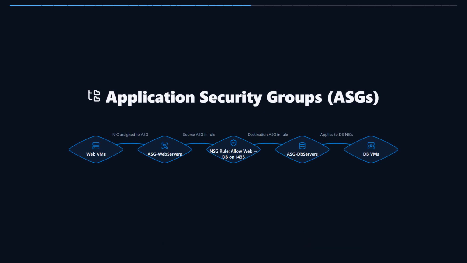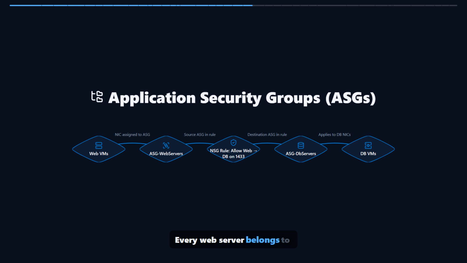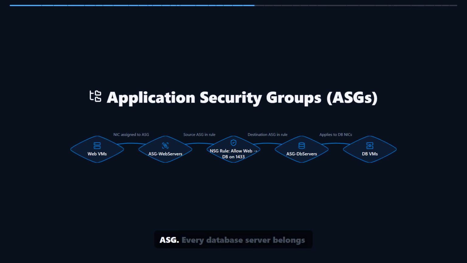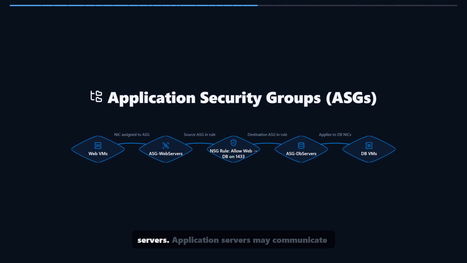Instead of creating rules for individual IP addresses, you create rules for job roles. Every web server belongs to the web ASG. Every application server belongs to the app ASG. Every database server belongs to the database ASG. Now your security policy says, web servers may communicate with application servers.